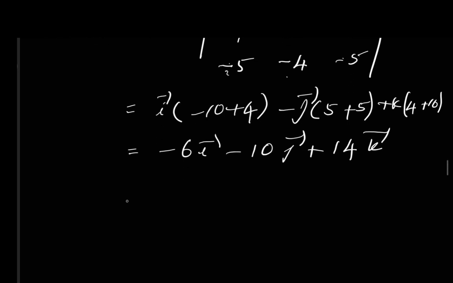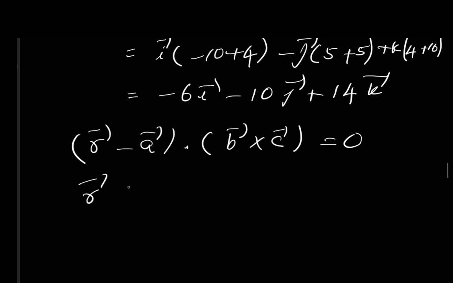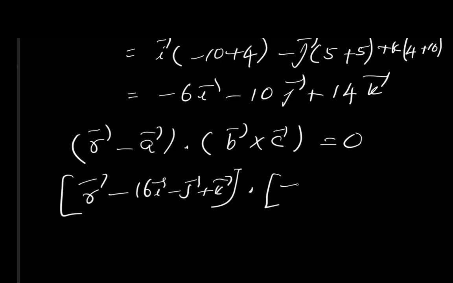So you substitute in the equation vector r minus vector a dot vector b cross c is equal to 0. So I substitute vector a as 6i minus j plus k, dot minus 6i minus 10j plus 14k.